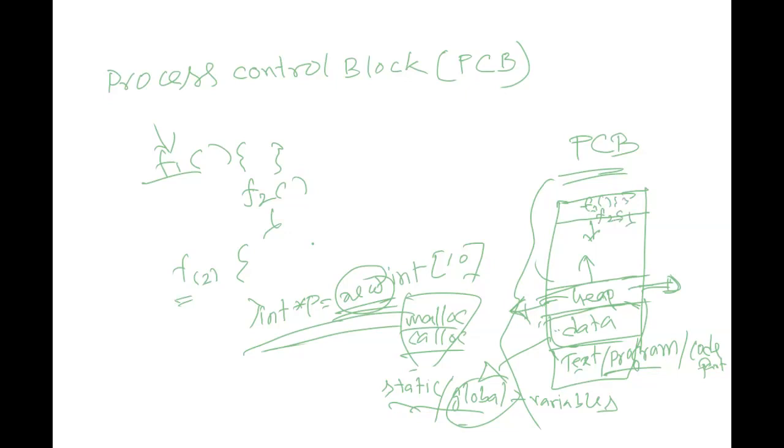Stack is first in first out. So if you declare one function call, and inside this function there is another function call, then from your programming perspective, the inner function should execute first.